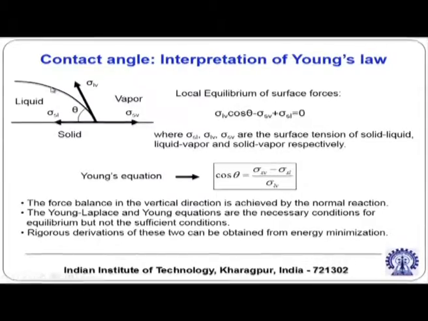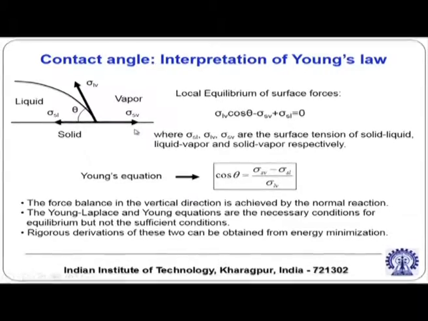So, if you look at this diagram, it will show you that in the 3-phase contact line you have the forces per unit length expressed as sigma SL, sigma LV, sigma SV. These notations are now clear.